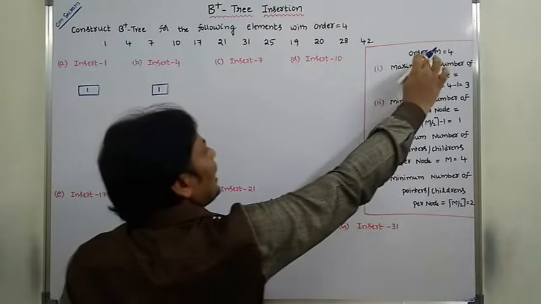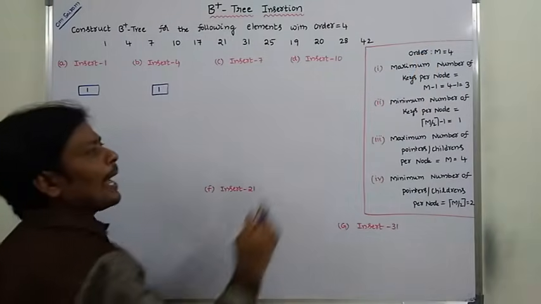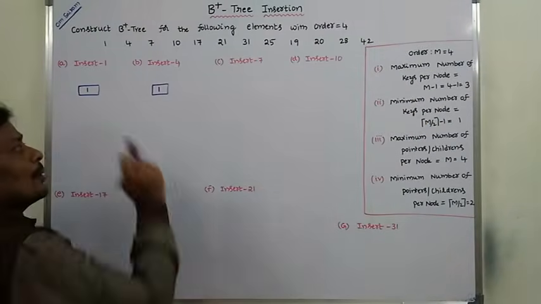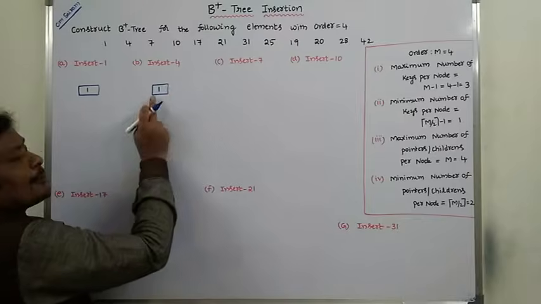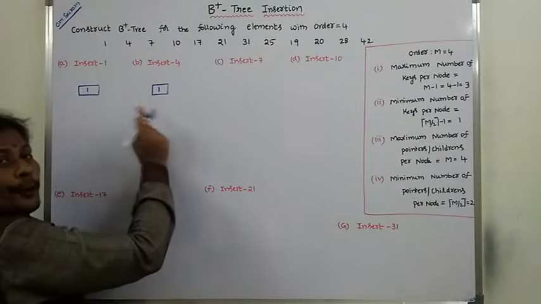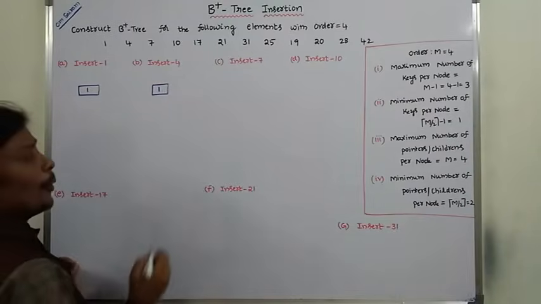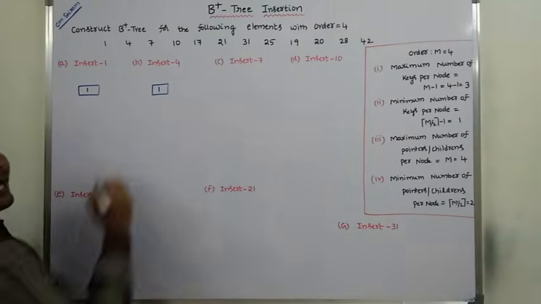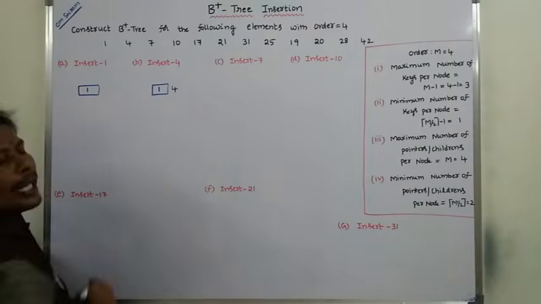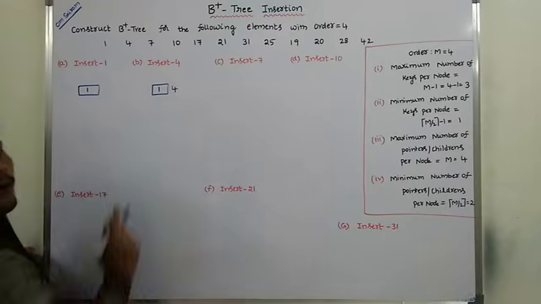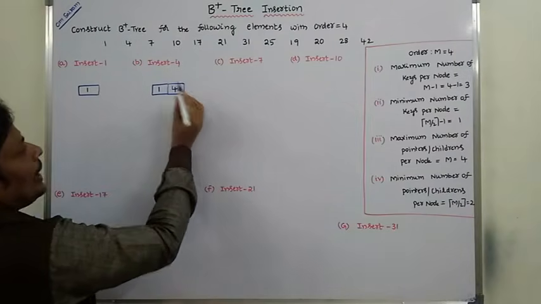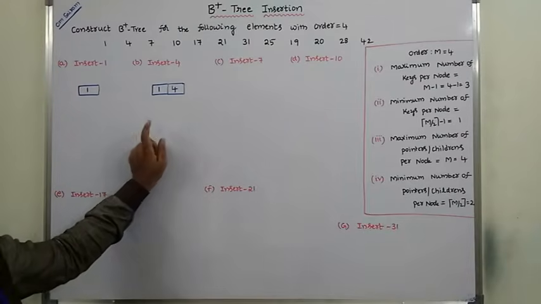In a B plus tree of order 4, the maximum number of key elements per node is 3. This node contains only one key element, so we insert 4 into the same node. 4 is greater than 1, so 4 is inserted to the right of 1. Now this node contains two key elements, 1 and 4.